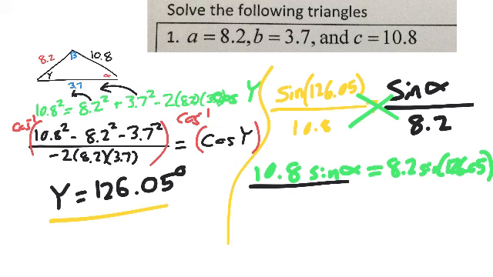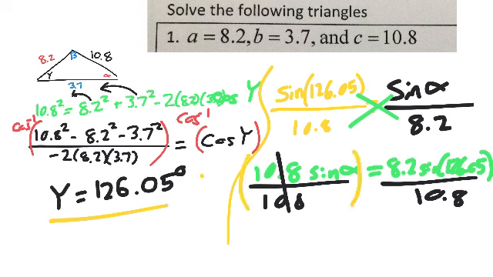Now I need to divide by 10.8 on both sides. And then I'm going to take an inverse sine of both sides.